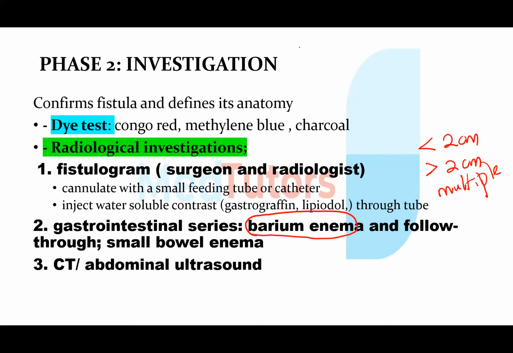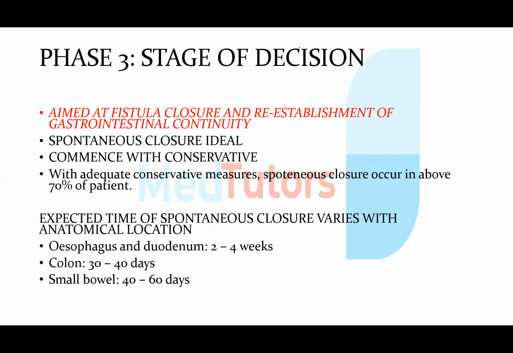So this is a very important investigation. Don't forget, phase 2 is aimed at defining the anatomy of the fistula. Phase 1 is recognition and stabilization. Phase 2 is defining the anatomy of the fistula by various investigations.